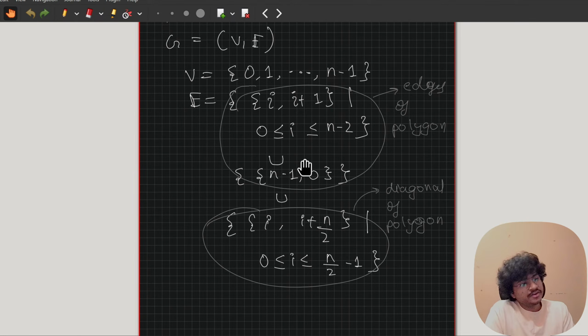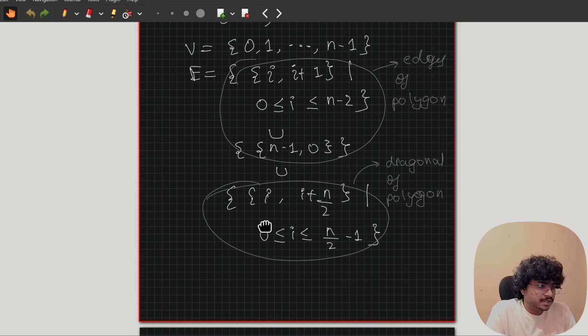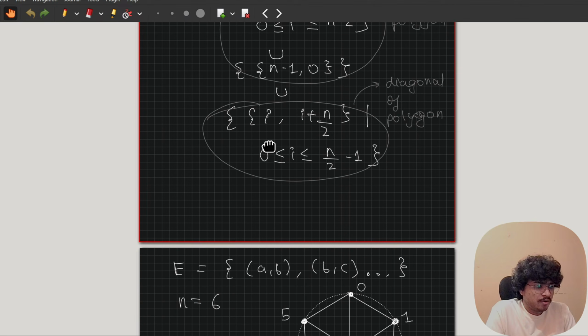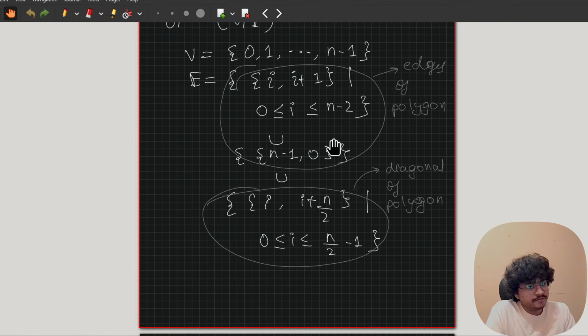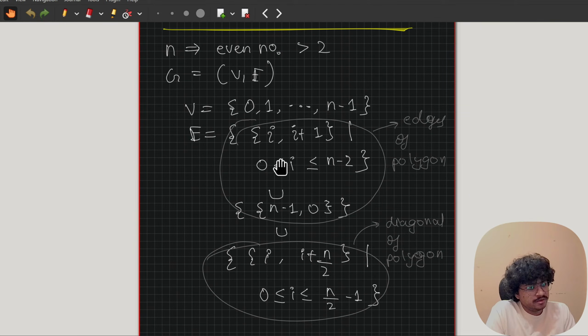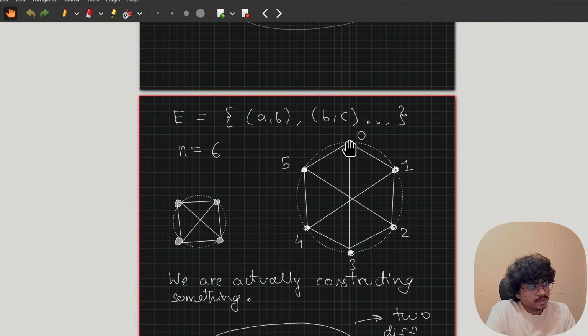It was very confusing at first to visualize these three sets. But on stream, I then made this polygon. And when you see this polygon closely, what do you see? i plus 1, i plus 1. And you do this for all.